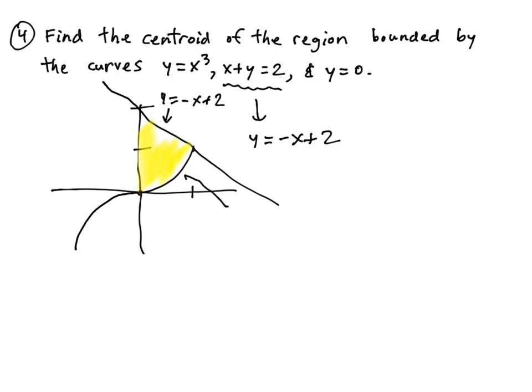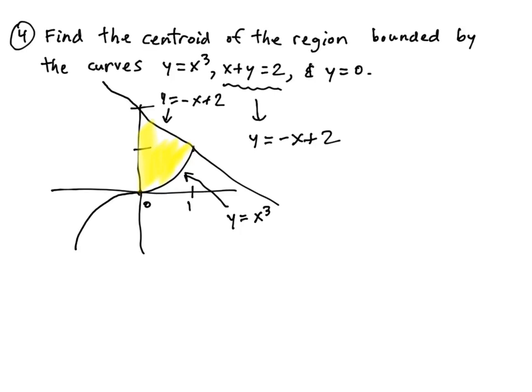The bottom would be y equals x cubed, and we're going from 0 to 1. Now, if you had trouble drawing those, you could have always set the two equal to each other, and you would have ended up getting that same point here. Okay, this time what we're going to do is set up the integrals just to save time here. Let's go ahead and set them up.